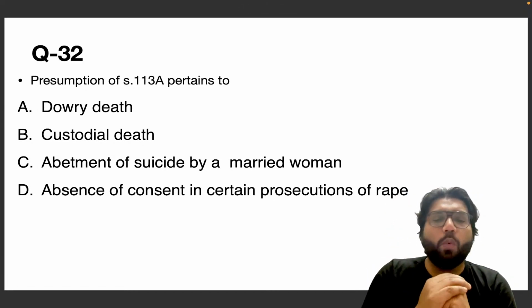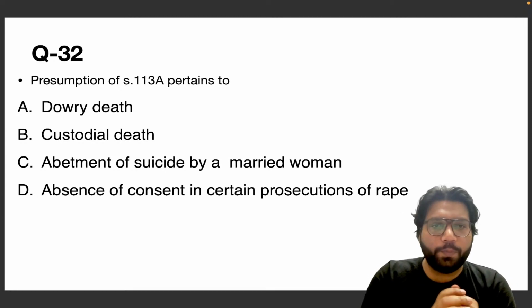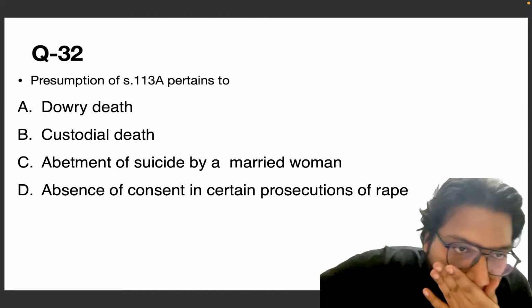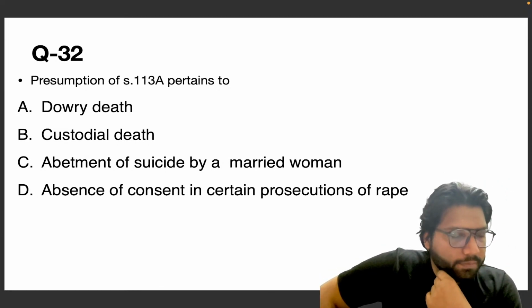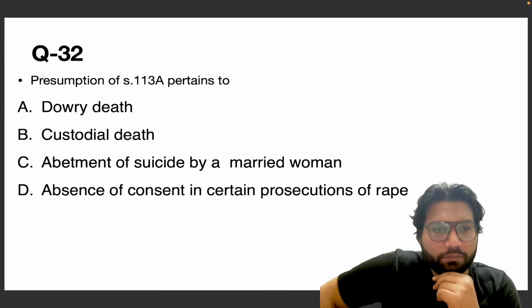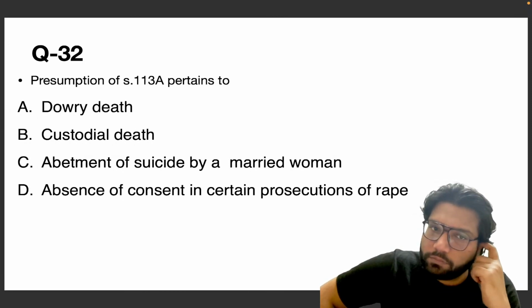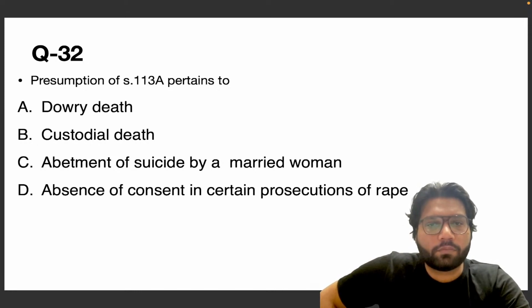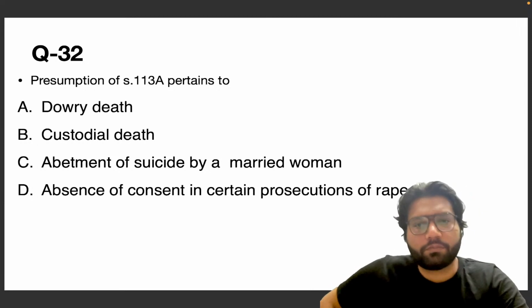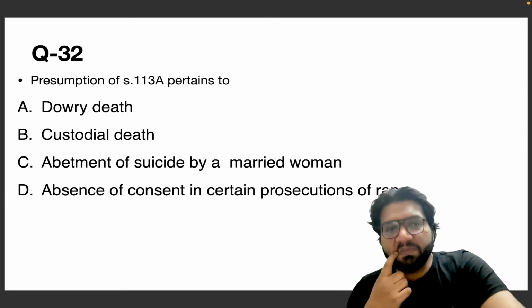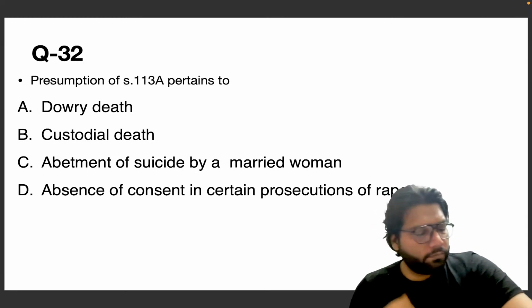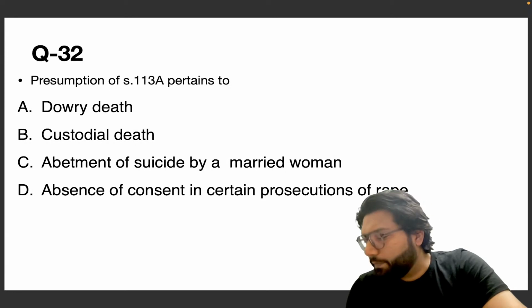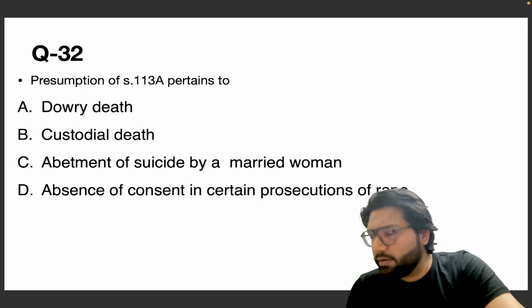Presumption of section 113A pertains to. First one to answer correctly, Sapna, followed by Shivani and Amit.